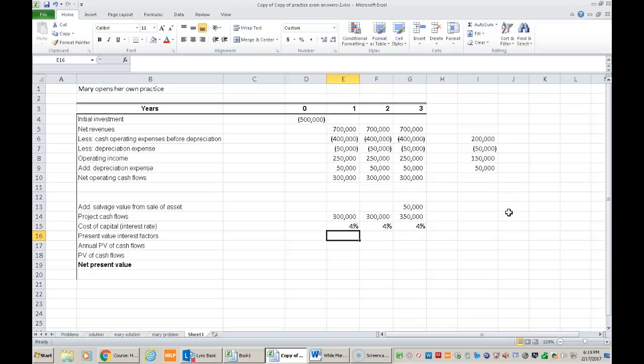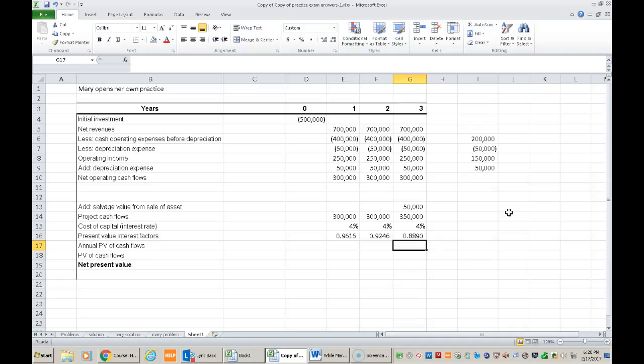If you go to page 296 and look at the 4% column, we're going to record there the numbers for each period. In period 1, we would have 0.9615. Period 2, we would have 0.9246, and in period 3, 0.8890.